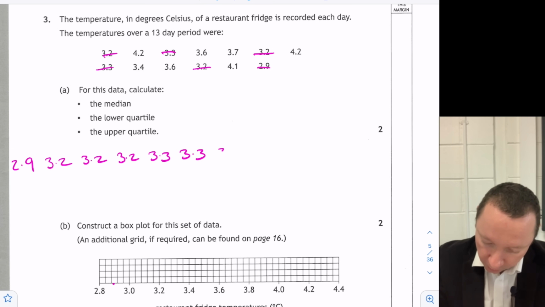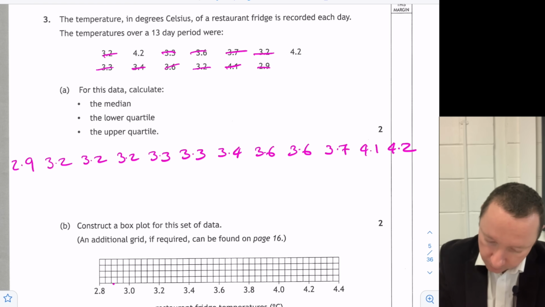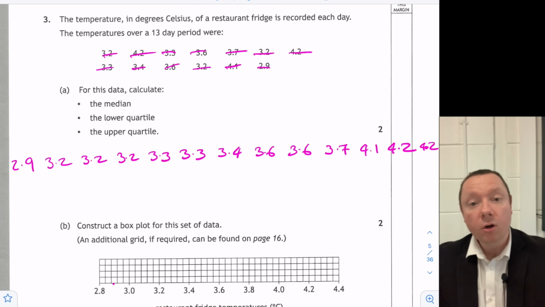Then I see a 3.4, and then two 3.6s. Then 3.7, 4.1 and 4.2, 4.2 again, actually. So there's our data in order from smallest to biggest.